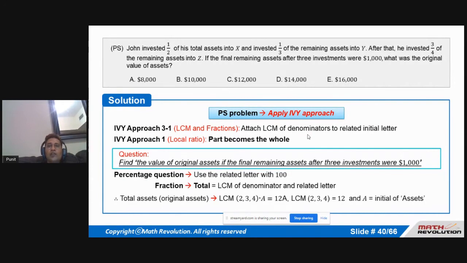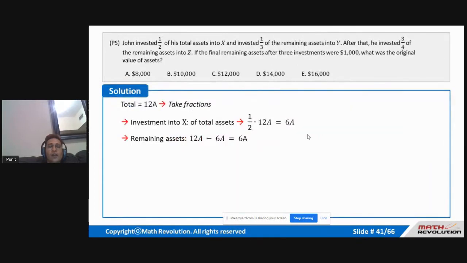For percentage questions, we always use 100. For fractions, we always use LCM. We have three fractions, 1 over 2, 1 over 3, 3 over 4. Let's take the LCM of 2, 3, 4, which happens to be 12. We are dealing with the word asset. Let's attach an initial letter A to it. So total assets become 12A. Now let's talk about the fractions.